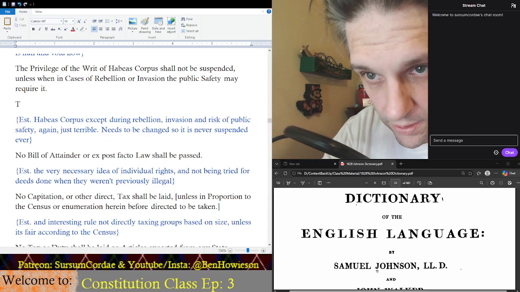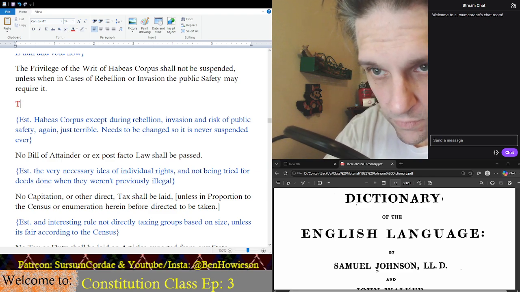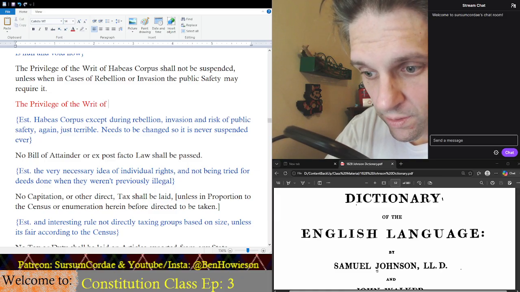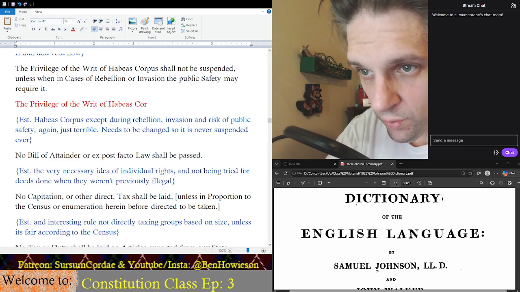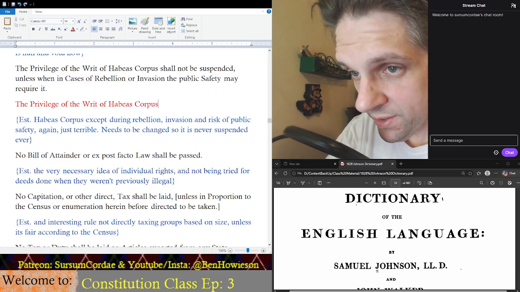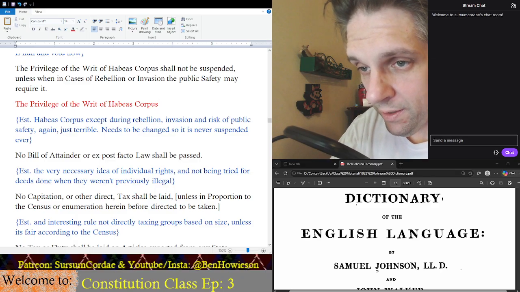So let's see. Oh, where'd my red go? There we go. And also this being a particular legal term already, we are in the rewrite, but not for the sake of simplicity here, because it is kind of like a whole placeholder.